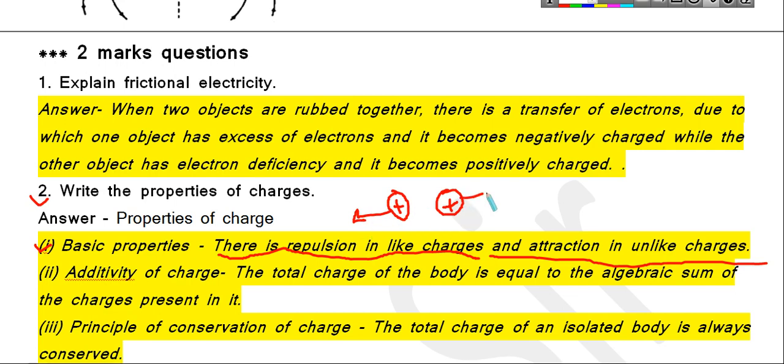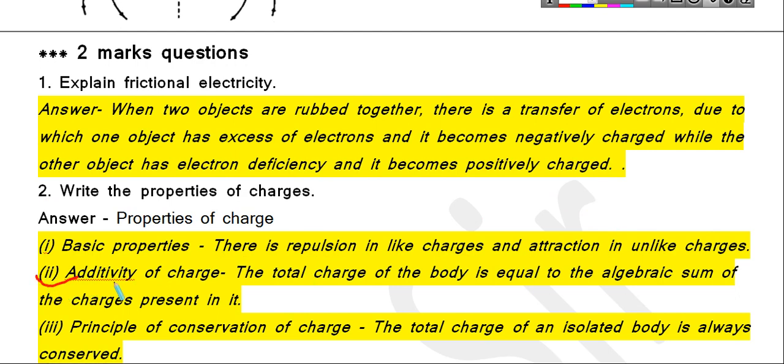This will go this side and this will go this side. Either it will be negatively charged bodies or positively charged bodies. If they have like charges, then they repel each other. When they have unlike charges, it means one body has positive charge and another body has negative charge, then they attract each other.